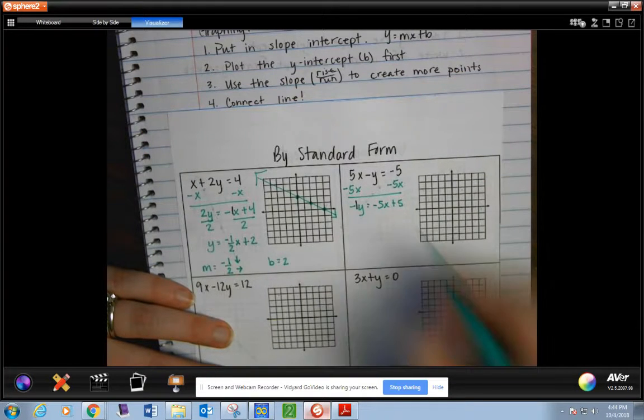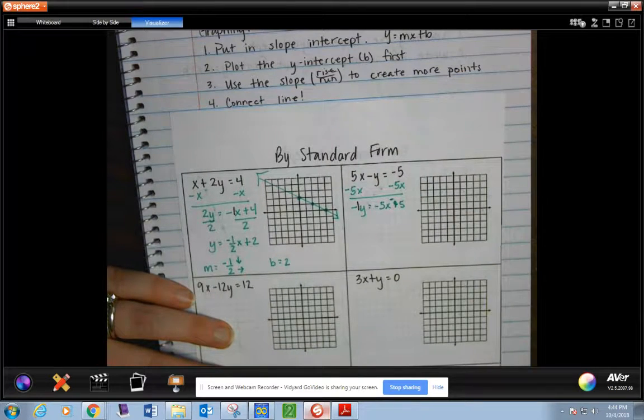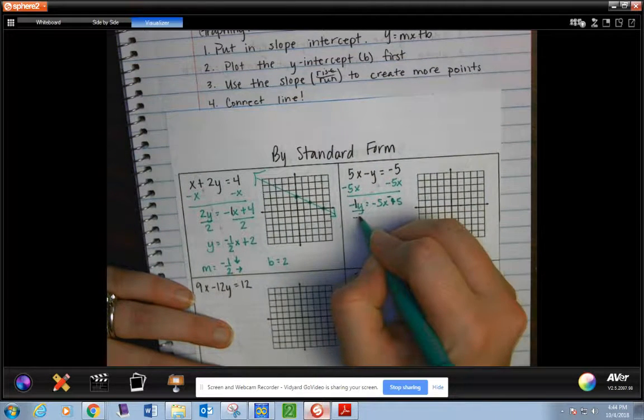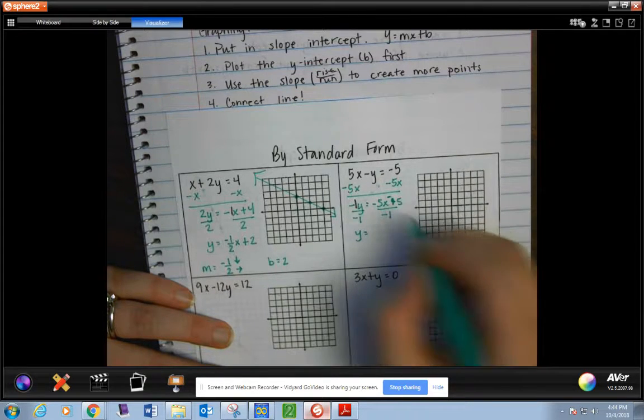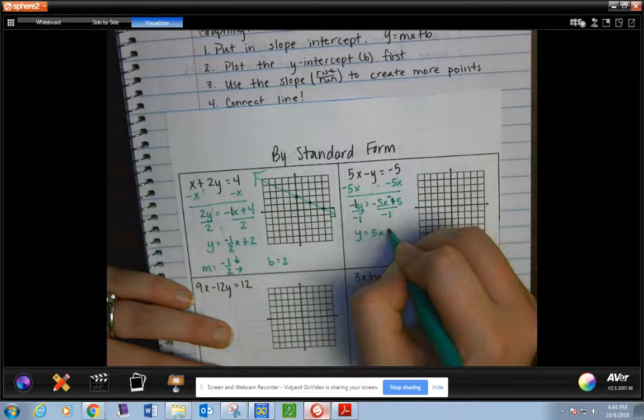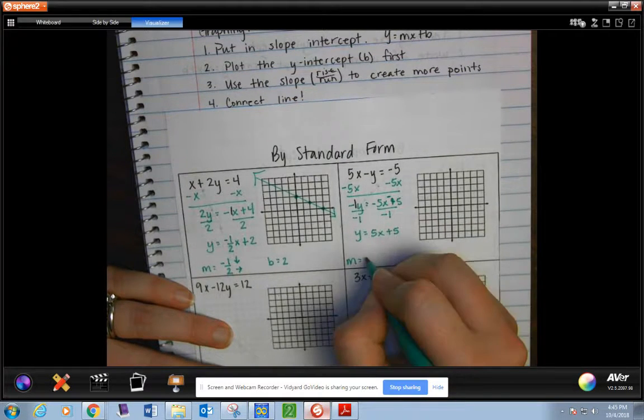That is a -5 because those two things don't combine. Now you just have to divide by the number in front of y. And when you divide by a -1, all it does is change your sign, so you have a 5x plus a 5. So my slope is the number in front of x, so I have 5 over 1. That means up 5, right 1. And my y-intercept is 5.